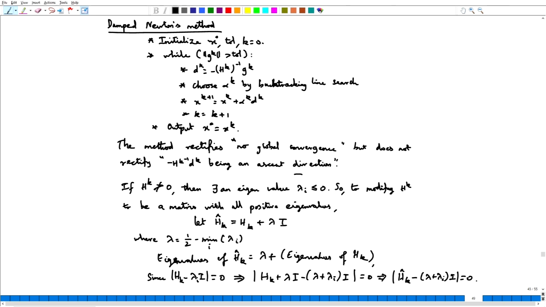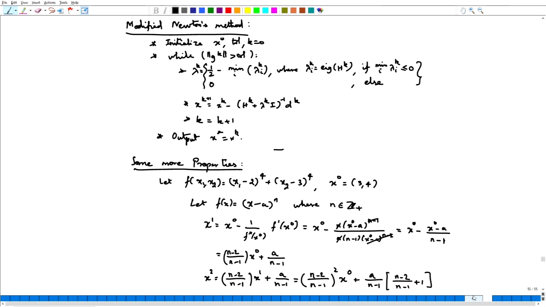If h k is not positive definite, you get around that by the modified Newton's method, where instead of h k in minus h k inverse gk, you put minus h k plus lambda k I inverse gk. Lambda k was found from the eigenvalues of h k, the minimum eigenvalue to be precise. That got around the issues of singular h k and minus h k inverse gk not being a descent direction.